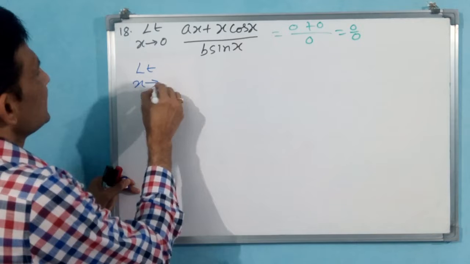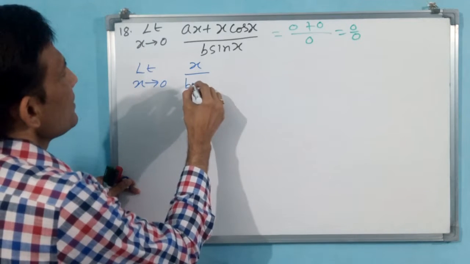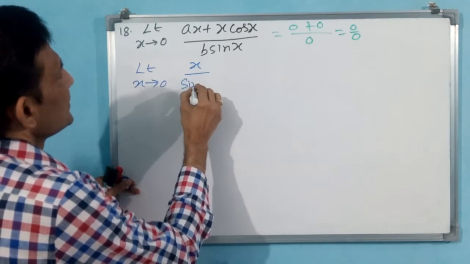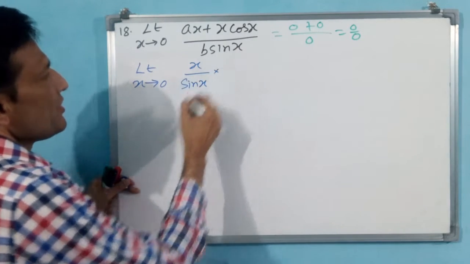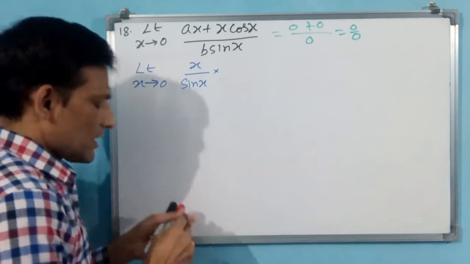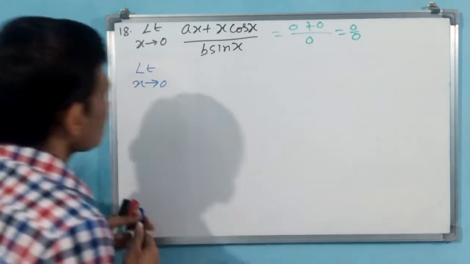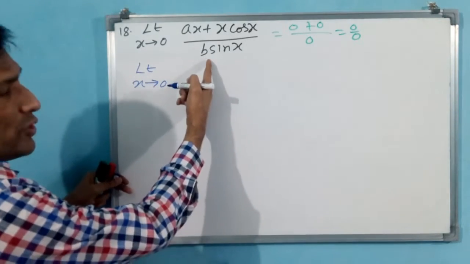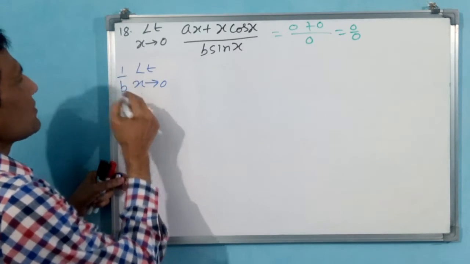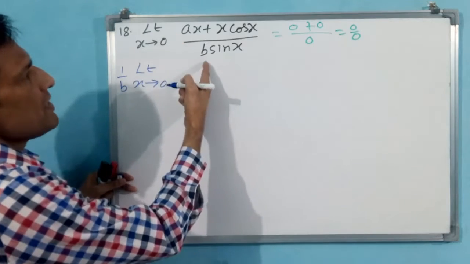Limit x tends to 0. I have taken x by sin x, into x I have taken common. Denominator b is there. What I do, 1 by b I will take outside directly, like a scalar.